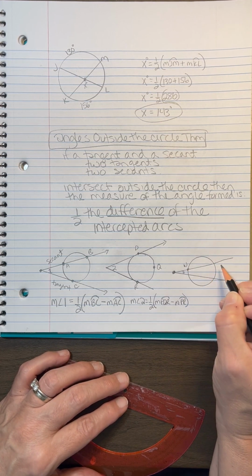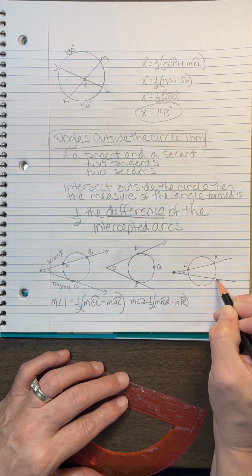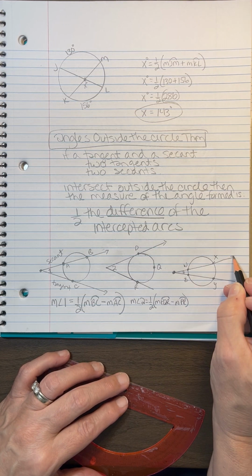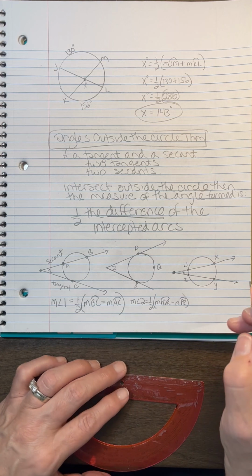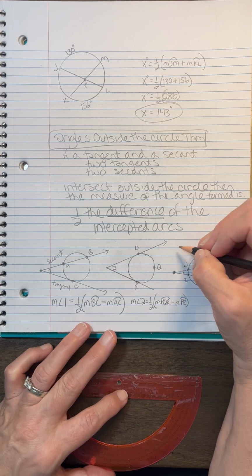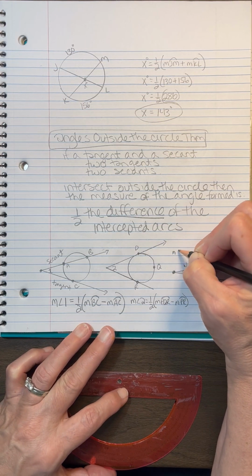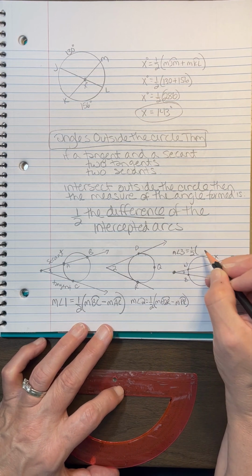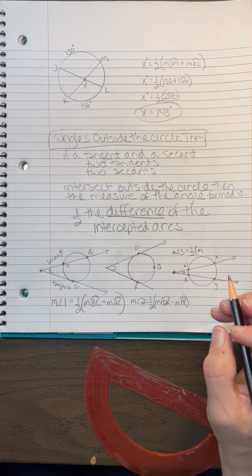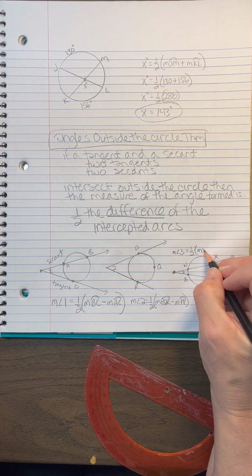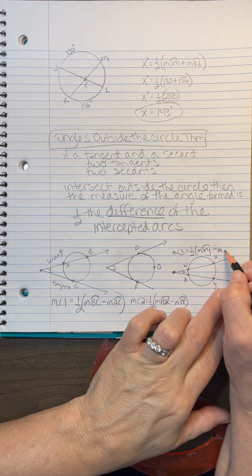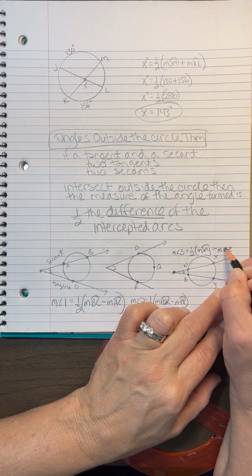We have W, X, Y, and Z. I'll put this up above it. So the measure of angle 3 is gonna be 1/2 the measure of arc XY minus the measure of arc WZ.